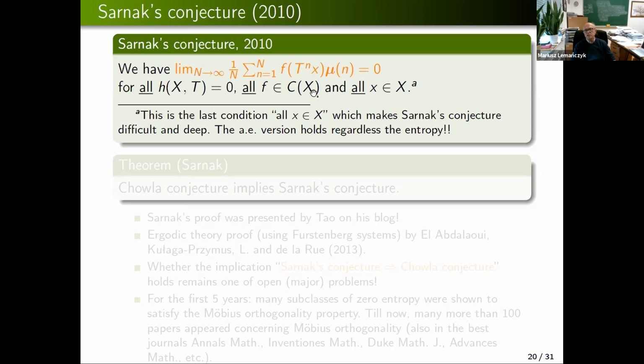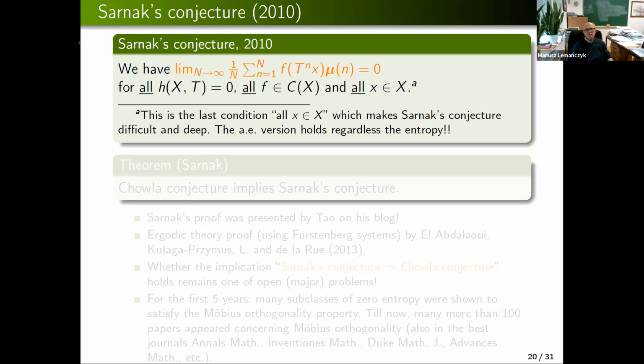Another way of expressing that we deal with functions which are random. What we claim is that this limit is equal to 0 for all 0 entropy systems, for all functions, and for all x's. In fact, this last statement is what makes Sarnak's conjecture difficult and deep.